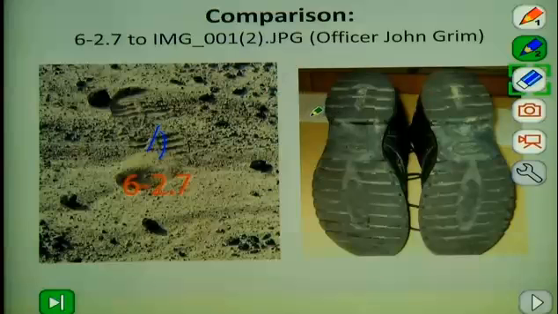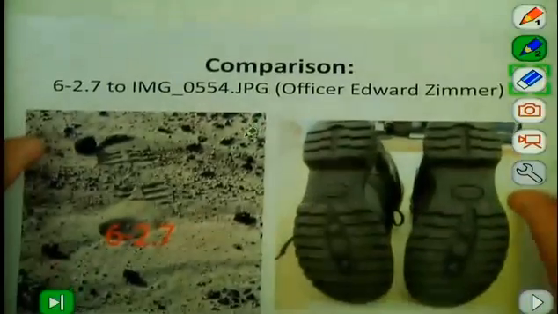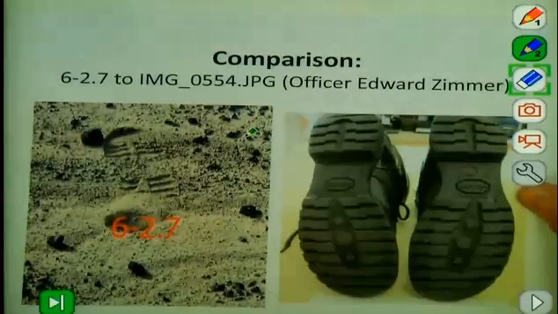So again, we have to flip the shoe over. We're seeing the mirror image of what's on the bottom of it. And if you flip the left shoe over, you are now getting the curvature going to that side. So I believe it's a left shoe. Again, Grimm and Zimmer were wearing similar manufacturing design Vibram soles, typical of these groups.